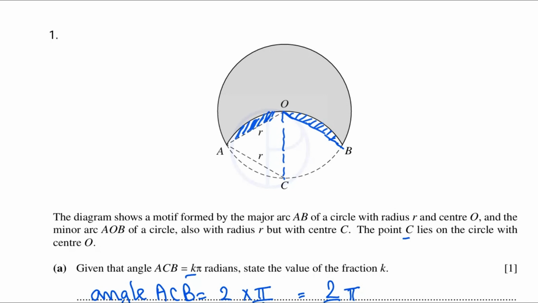To calculate the area of the shaded blue segment, you can find it by finding the area of the sector ACO minus the area of the triangle ACO. You will get the area of this shaded segment. That segment has to be subtracted from the area of the major sector AOB.